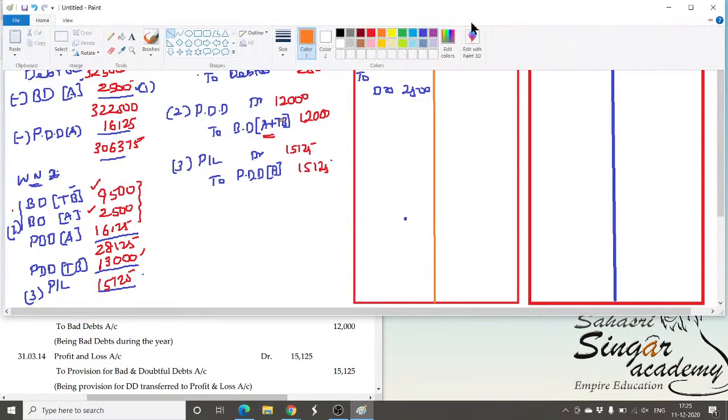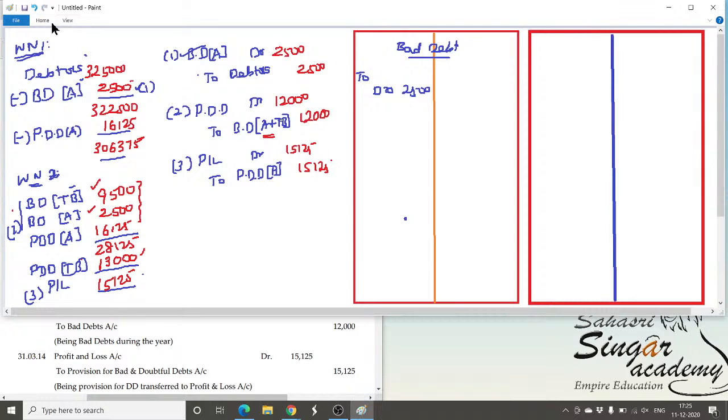See here, profit and loss account and balance sheet. How this will appear in the P&L account. This working note will go to the P&L account debit side. This will go to the balance sheet asset side. That's all. Very simple. I'll write the values here.